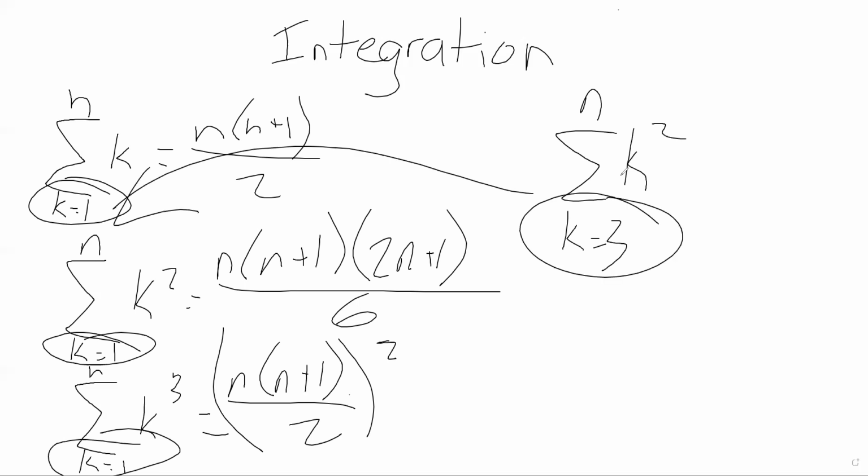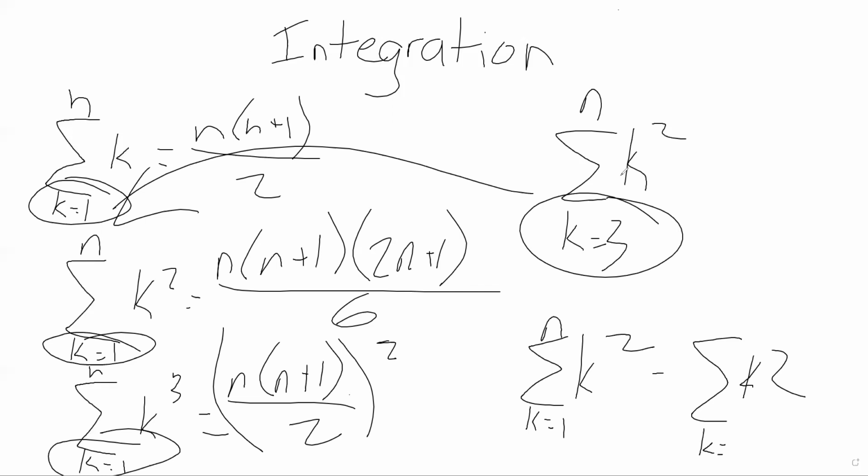So the equivalent expression would be the summation of k squared from k equals 1 to n minus the summation of k squared from k equals 1 to 2. You don't go up to the 3. That's a big mistake. You go one below k.